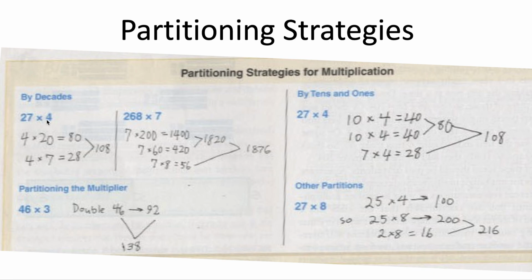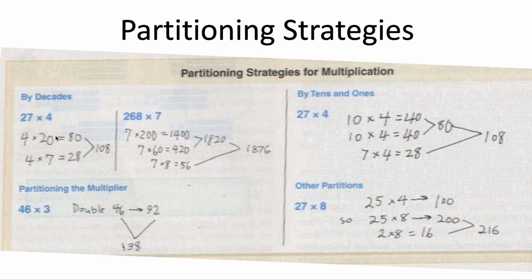Maybe the student didn't know about the distributive property that he's using, but he did. So he did 20 times 4 or 4 times 20, and he did 4 times 7. Wow, maybe this student knew the commutative property, knowing that 4 times 20 is the same as 20 times 4. So he found 80 and 28 as each of the partial products and added them.